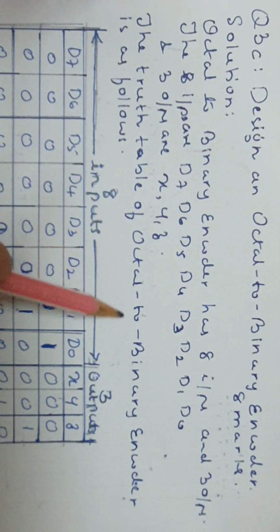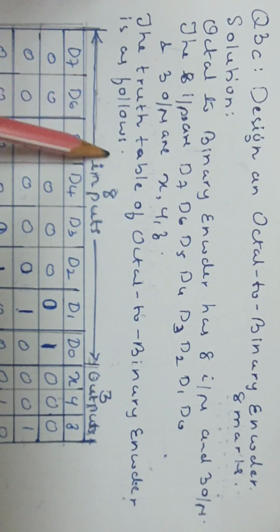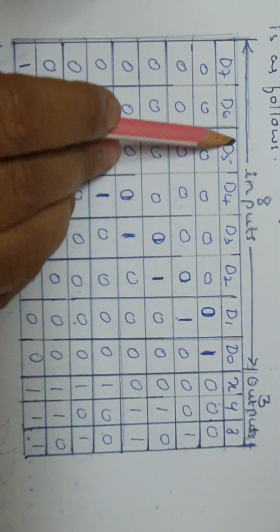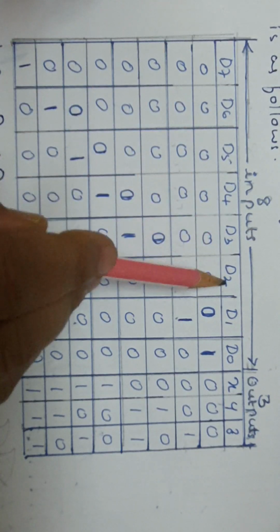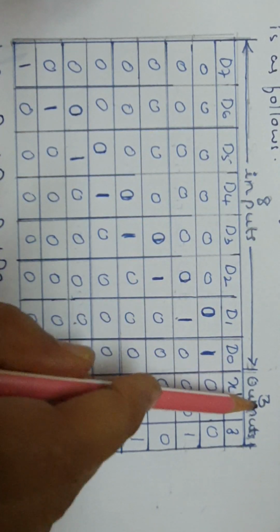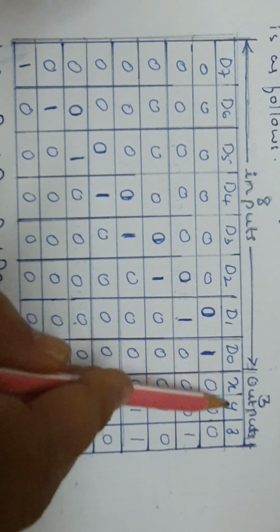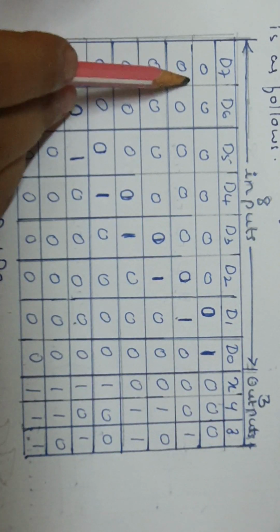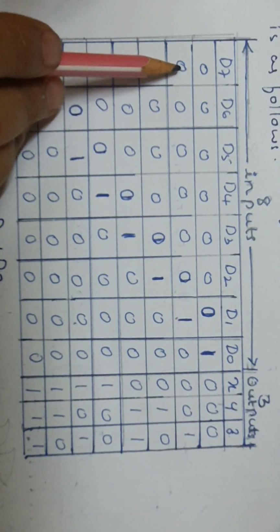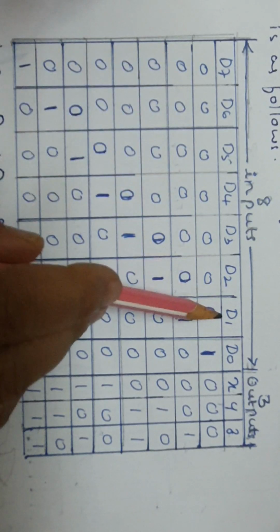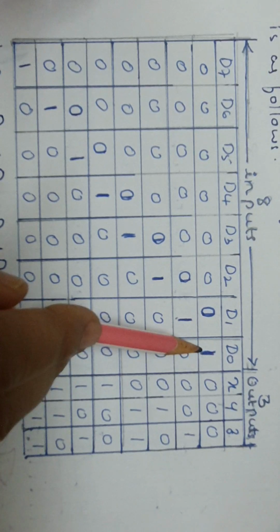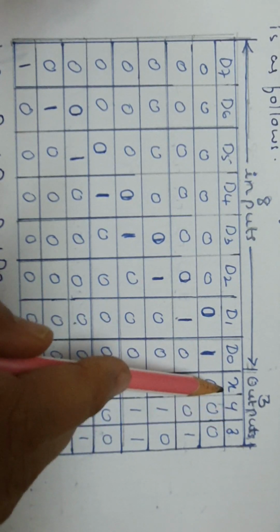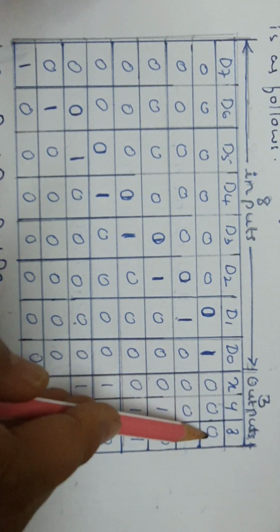The truth table of the octal to binary encoder is as follows. The 8 inputs are listed here: D7, D6, D5, D4, D3, D2, D1, D0. Here the 3 outputs are listed: X, Y, Z. At any time, for octal input, out of 8 bits any one bit will be 1. So on the input side D0 is 1, and on the output side X, Y, Z all will be 0.